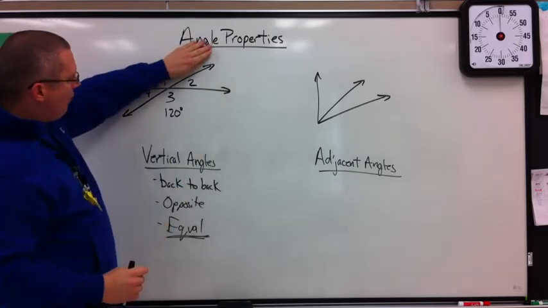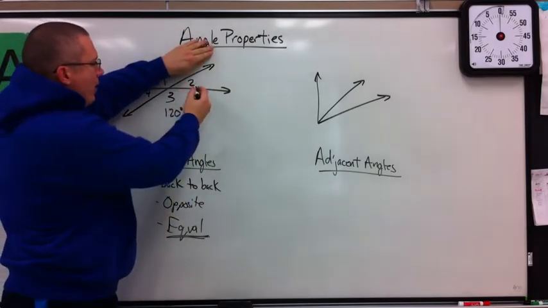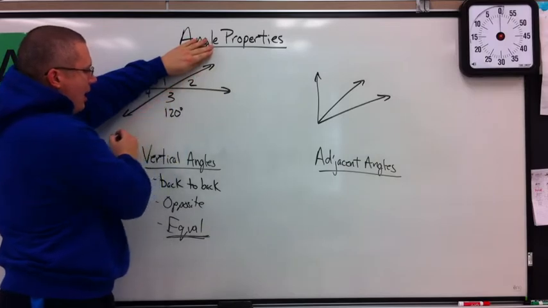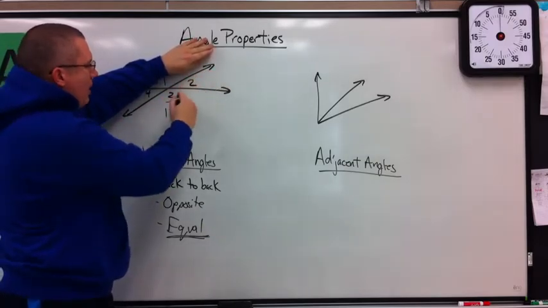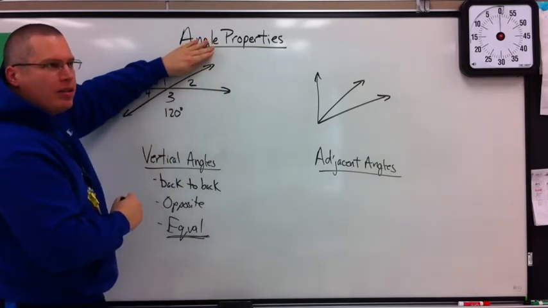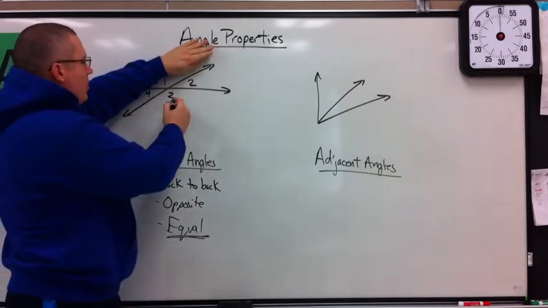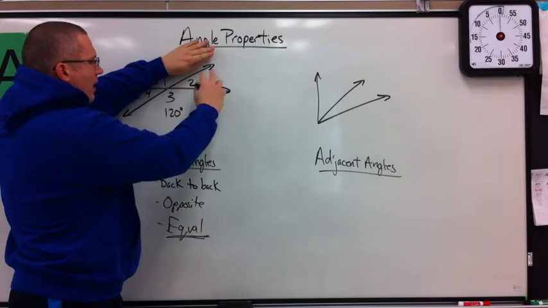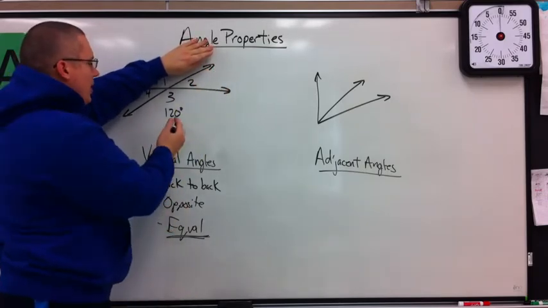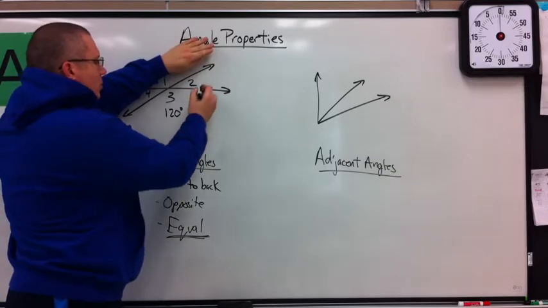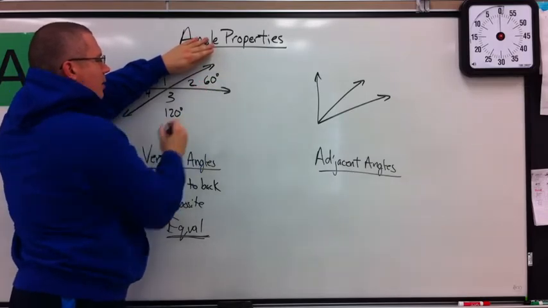But if I covered up half the problem, I would see that angle 2 and angle 3 make a straight line. Oh, straight line, two angles that make a straight line, it's called supplementary. So I do know that 3 and 2, these two angles make a straight line or make 180 degrees. So I could do 180 minus 120 and get 60 here.